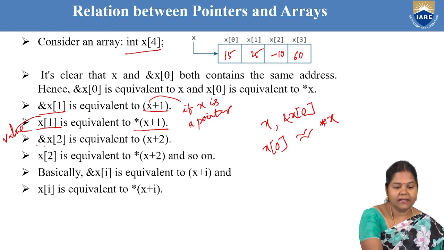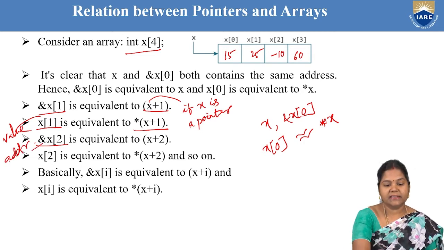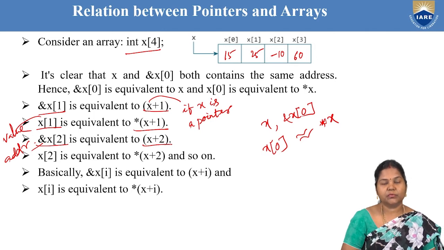Next, similarly, &x[2] refers to the address of the second element, which is the same as writing x+2, where x contains the starting address plus offset 2. That means it is the same as the address of the second element.